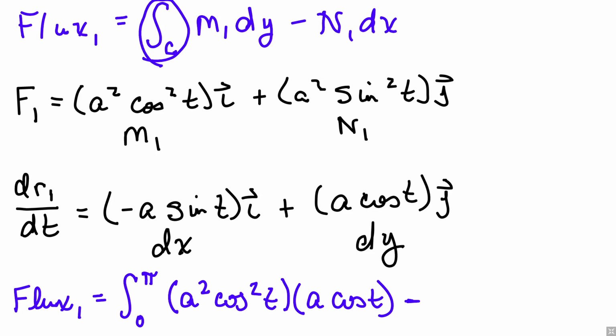Then minus, we're going to take n1, so that's a squared sine squared t, and multiply it by dx, which is negative a sine of t. And again, don't forget the dt. dt goes for both pieces. Any questions?